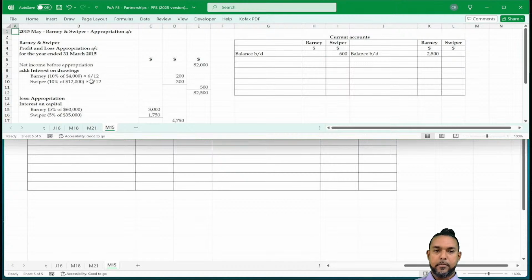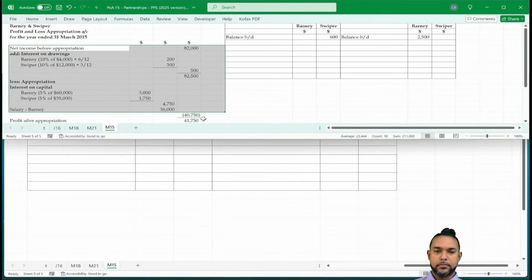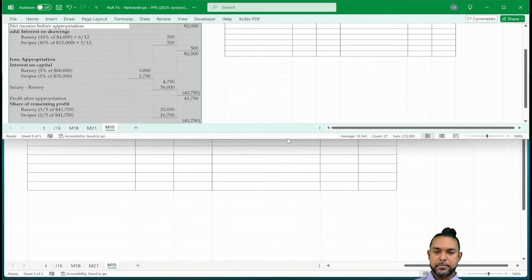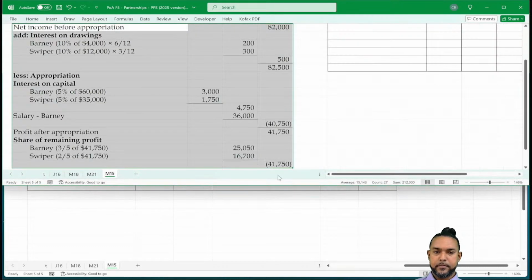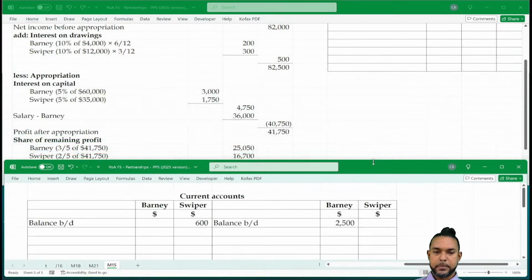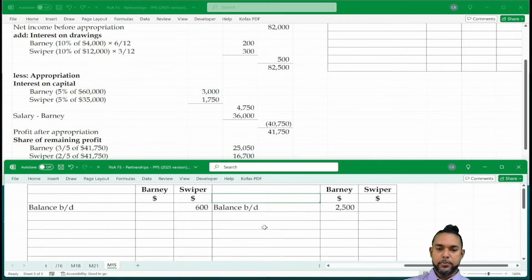Let's pull this down a little bit. Let's pull this back down as well. Okay, cool. So what goes on the credit side?